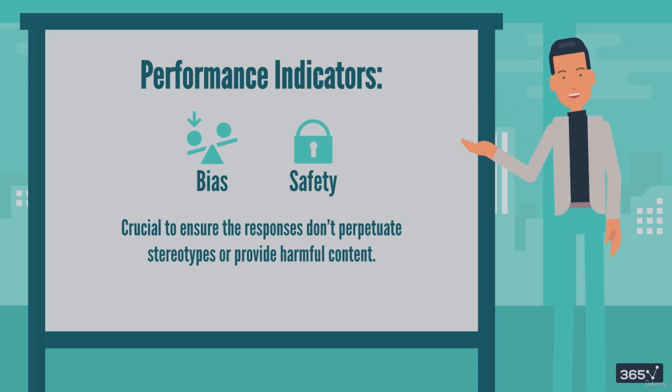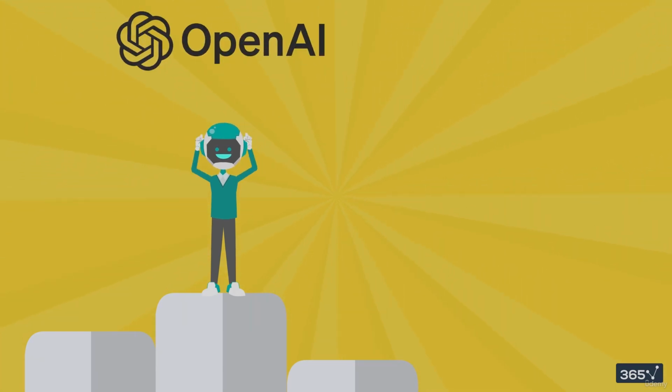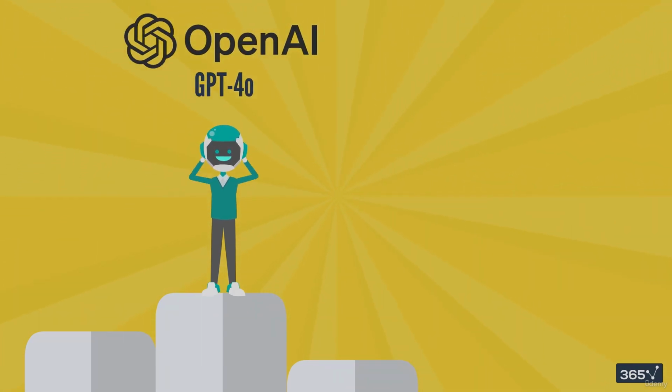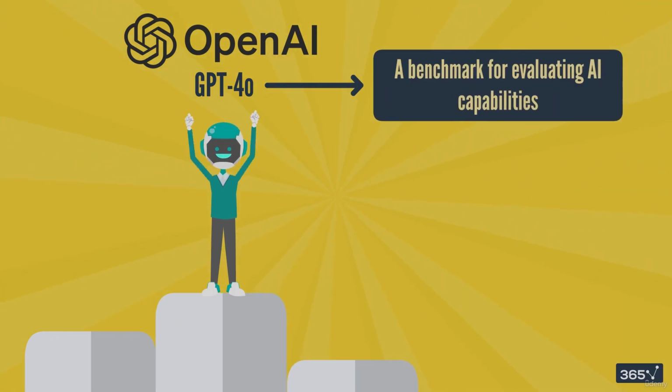Considering these factors in our decision to use APIs, we selected GPT-4o for our project. The GPT models family has become a benchmark for evaluating AI capabilities due to their impressive performance across various applications.